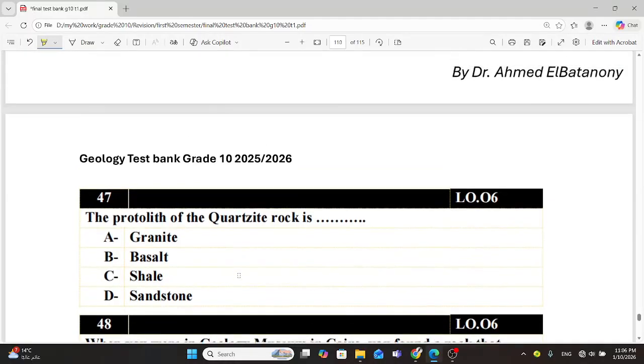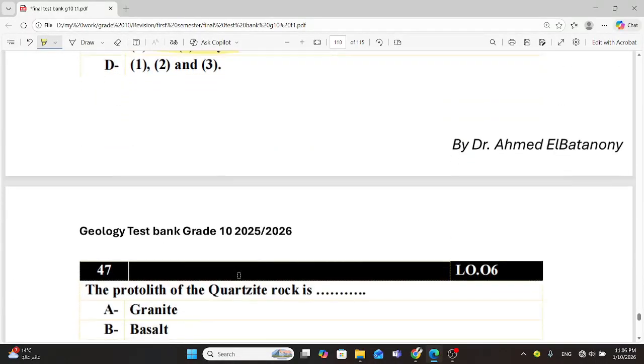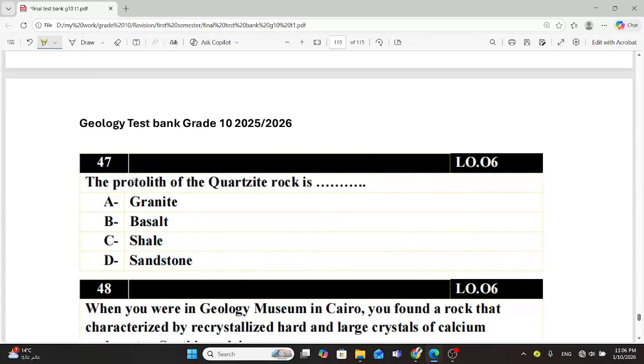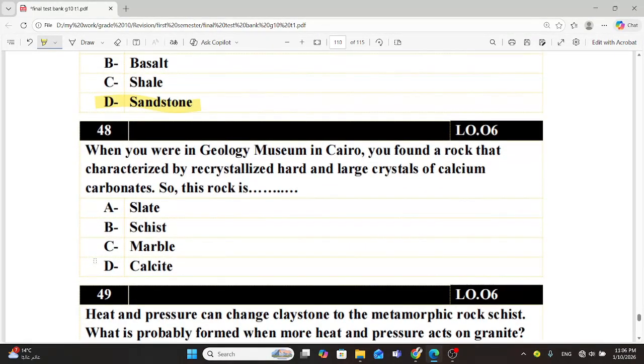الكوارتزايت ماشي، لسه قايلين فوق إيه؟ Sandstone changes to quartzite، يبقى البروتوليث بتاع الكوارتزايت اللي هو الساندستون. طيب when you were in geology museum you found a rock that characterized by weak crystallized hard and large crystals of calcium carbonate.